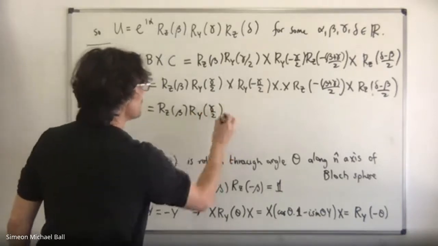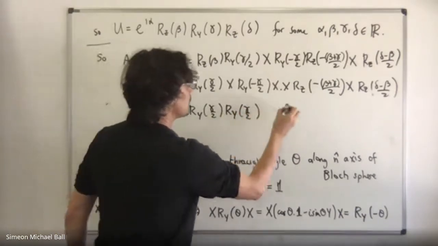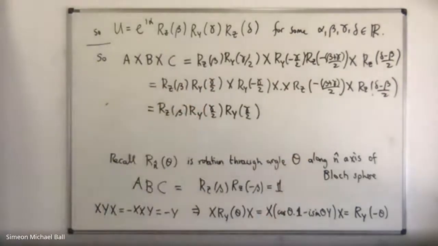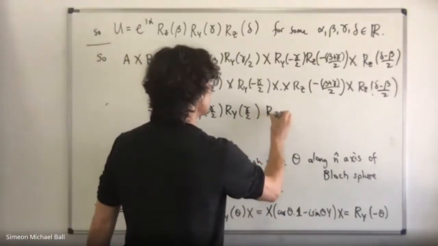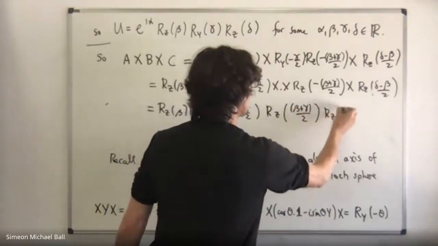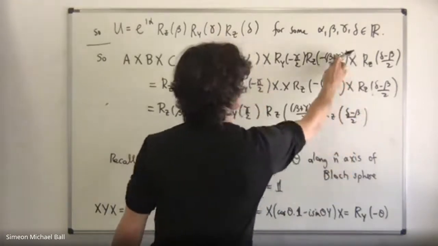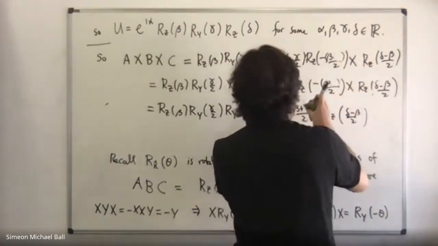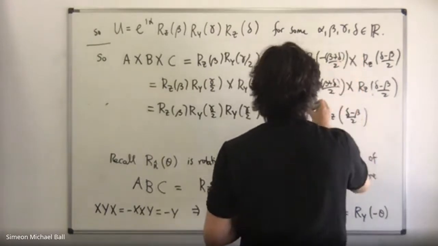This flips the sign there. Here it flips the sign as well. So I get Rz. Is that gamma's a delta, right? That gamma's a delta. Otherwise, it doesn't make any sense. Okay.